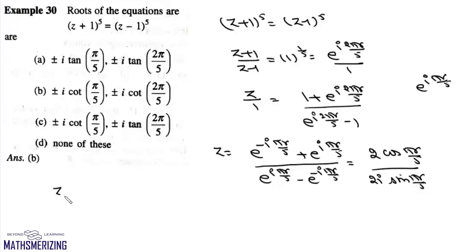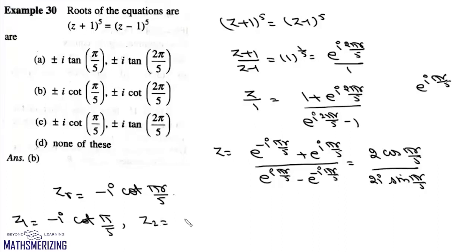So this zr will be minus iota cot pi r by 5. Now if we put r as 1, we'll get z1, which is minus iota cot pi by 5.